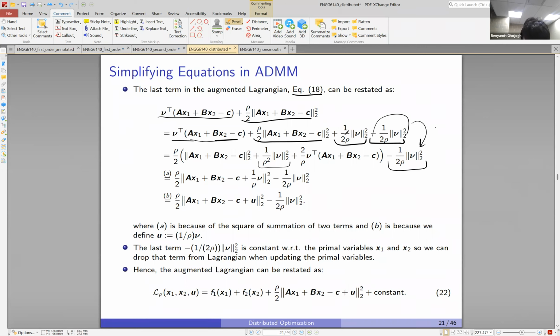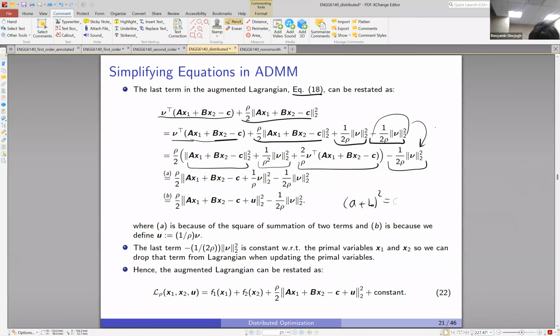Therefore, this becomes simplified to 1 over 2 rho, which is here. We also repeat this term here. These cancel each other. Also, this term is repeated here. This is easy.